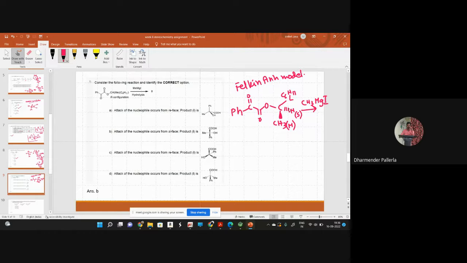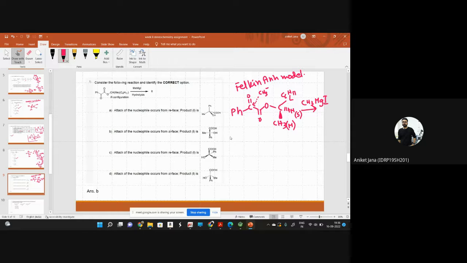From the side of the hydrogen, that is from below the plane. Obviously, the attack will be from the smaller side, where the steric interaction is minimum. From this side, methyl will attack at this carbon.